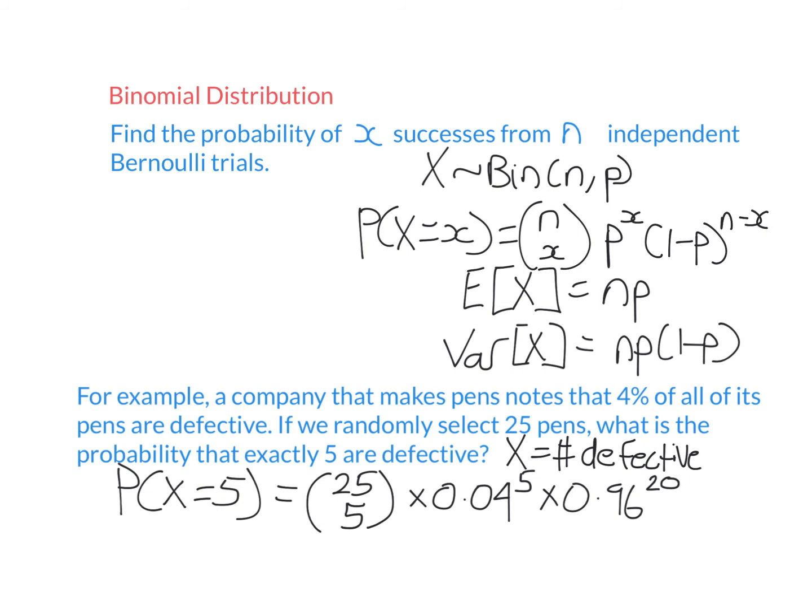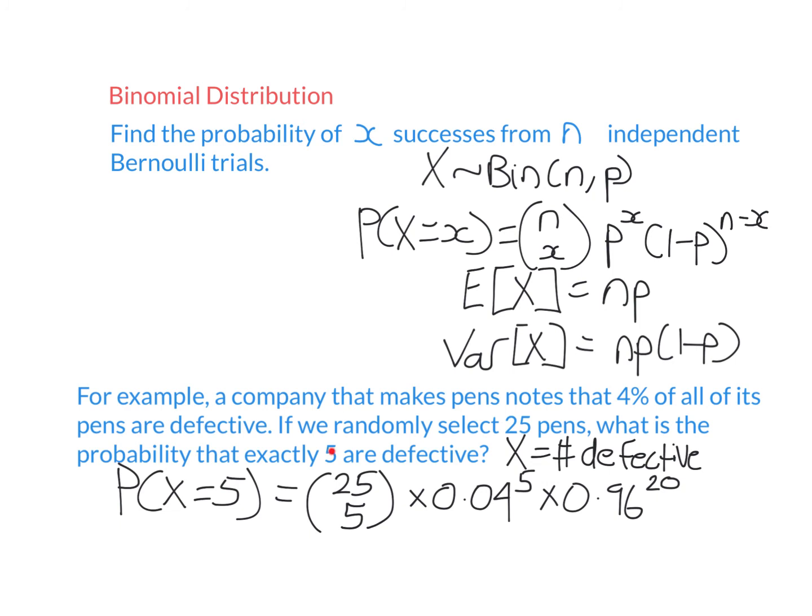Because each trial is independent here, and it's independent in this question because we randomly select the pens, we multiply the probabilities. This is the probability you get 5 defective pens and then 20 non-defective pens. But hang on a minute, there are heaps of different ways that you could get 5 defective pens from 25. You don't have to have the first 5 defective and the last 20 non-defective.